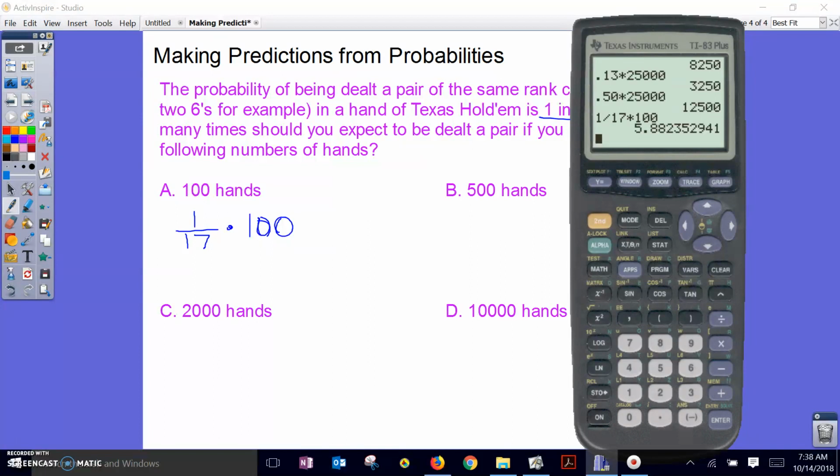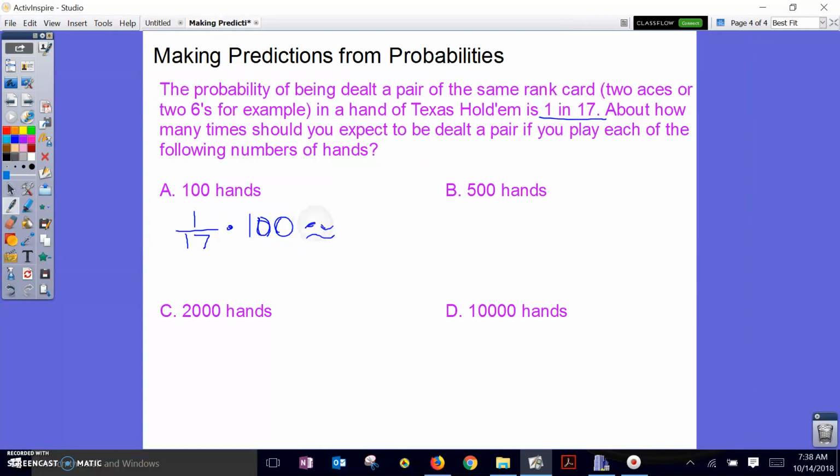And we get 5.882. And since we can't play 5.882 hands, we're going to say that's about 6. We'll round off to the nearest number of times. So if we play 100 hands, we should expect to be dealt a pair approximately 6 times. We'll do the same thing with these other numbers of hands.